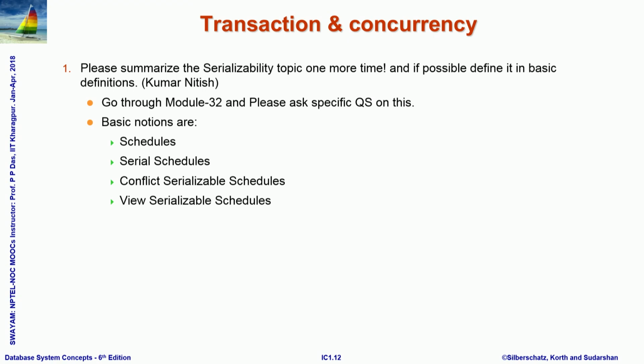But I am allowed to interchange the order of two instructions from different transactions, provided it does not conflict, that is, I do not change the read and write, or write and write, of the same data by two different transactions. If I can keep on doing such changes in a given schedule without encountering this conflict, and effectively transform it into a serial schedule, then we will say it is a conflict serializable schedule, and so that is an acceptable one.